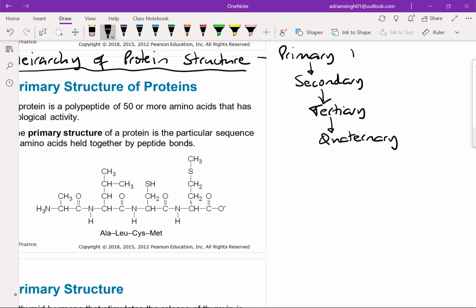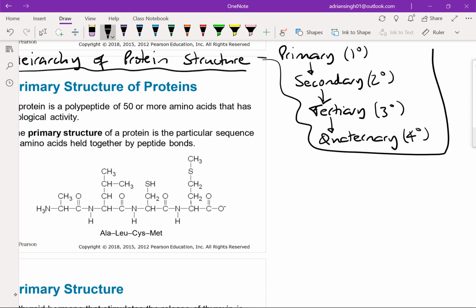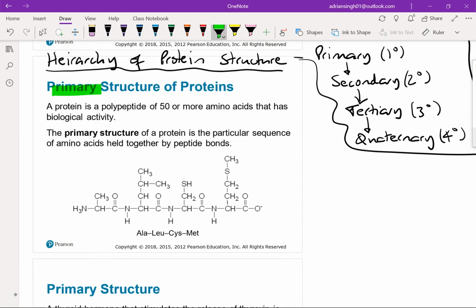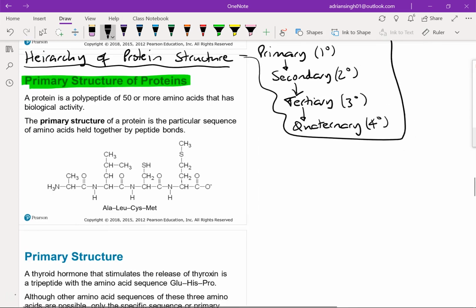right? And we abbreviate these: primary 1 with a degree sign, secondary, just as we did with our alcohols and amines, and we have our quaternary, which is abbreviated like that. All right, so the first one we're going to take a look at is the primary structure of proteins. And we're going to say that the primary structure of a particular protein is just the sequence of the amino acids.